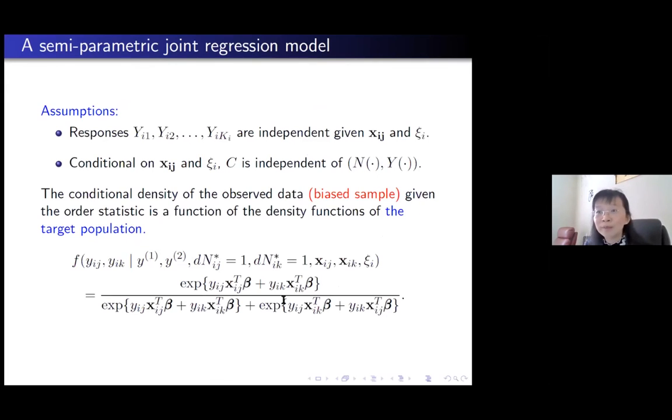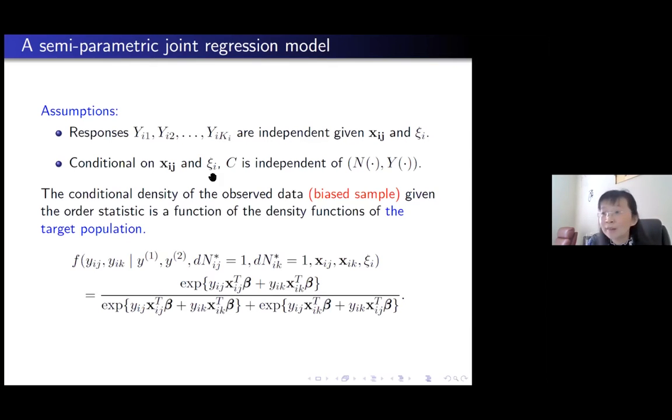For our proposed method, we assume two assumptions. The first one is standard in the literature of longitudinal data analysis under random effects models: the conditional independence between outcomes given the covariates and random effects.